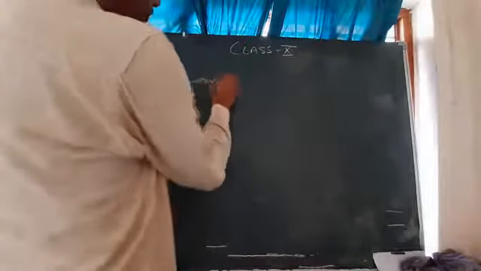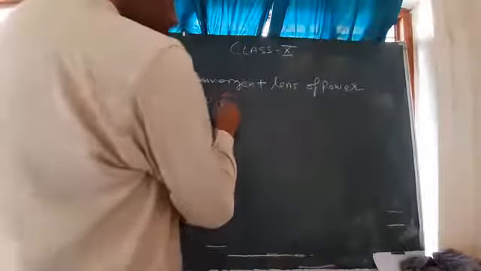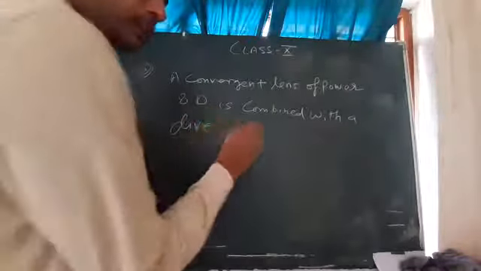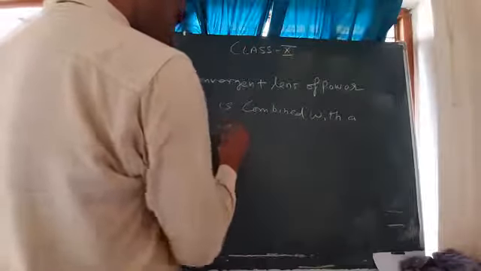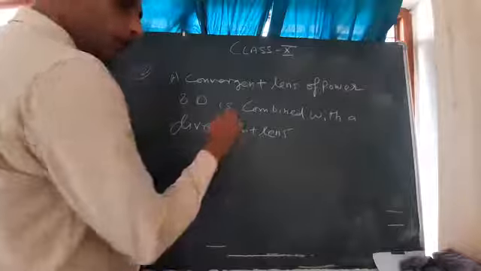A convergent lens of power 8D is combined with a divergent lens of power minus 10D.